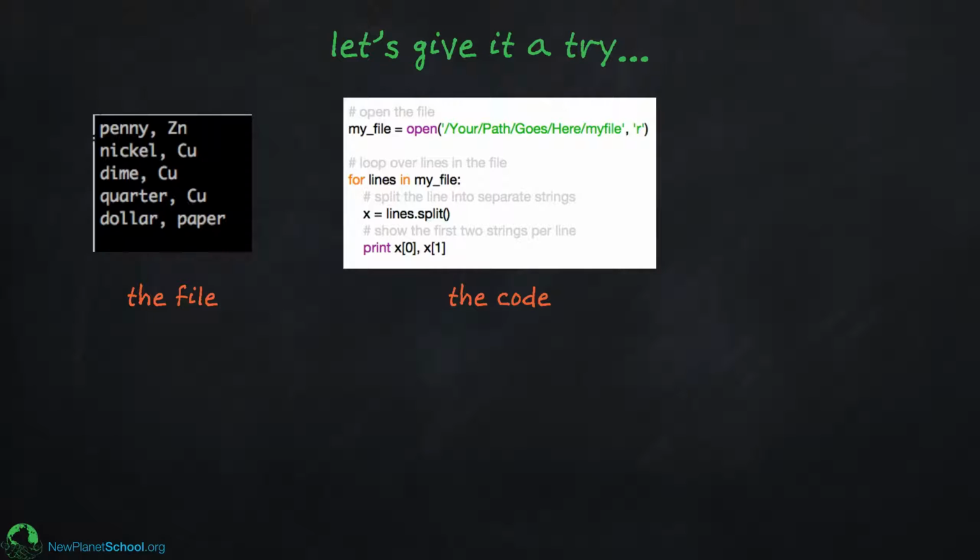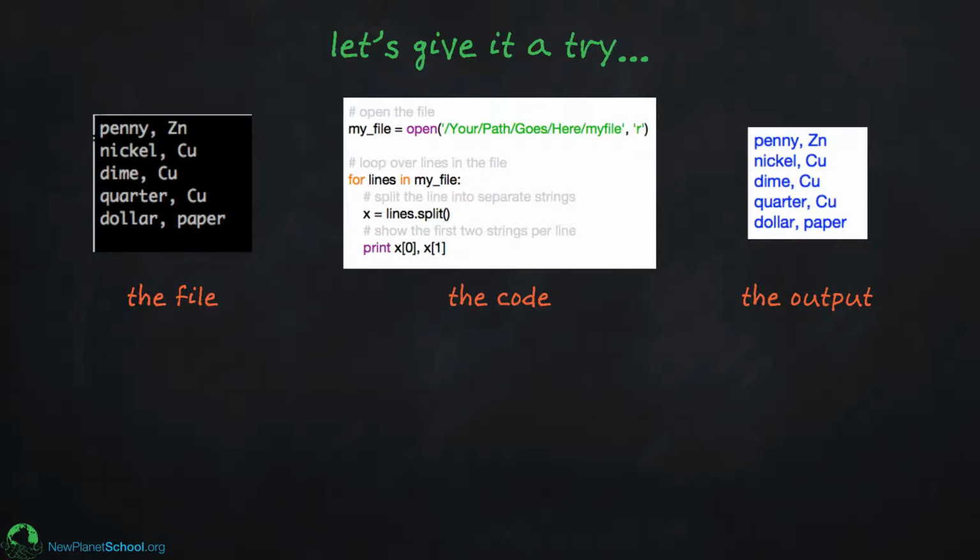So let's run this script and see what it outputs. Here is the output. What did it do? It looped through the file, so it went to the first line. It split it based on the white space. Here's the white space. So this is x0, this is x1. It printed x0 and it printed x1.